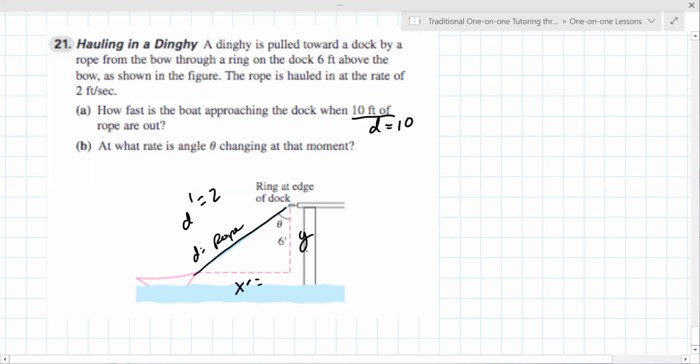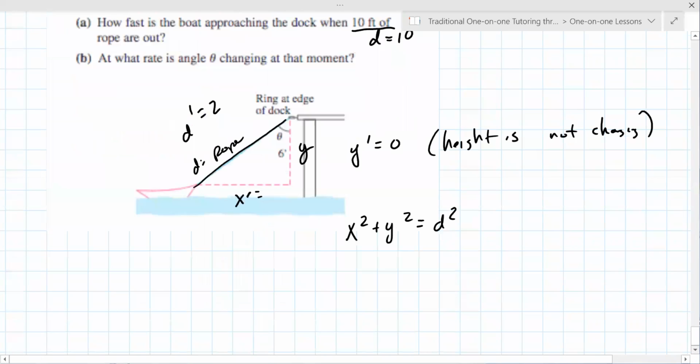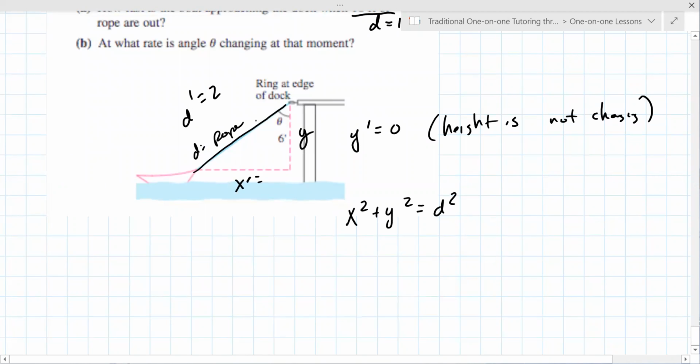Now Y prime is 0 because the height is not changing. So keep that in mind. This is another triangle problem: x squared plus y squared equals d squared. But this time D prime does exist because that's changing, but Y prime does not, as we just mentioned.